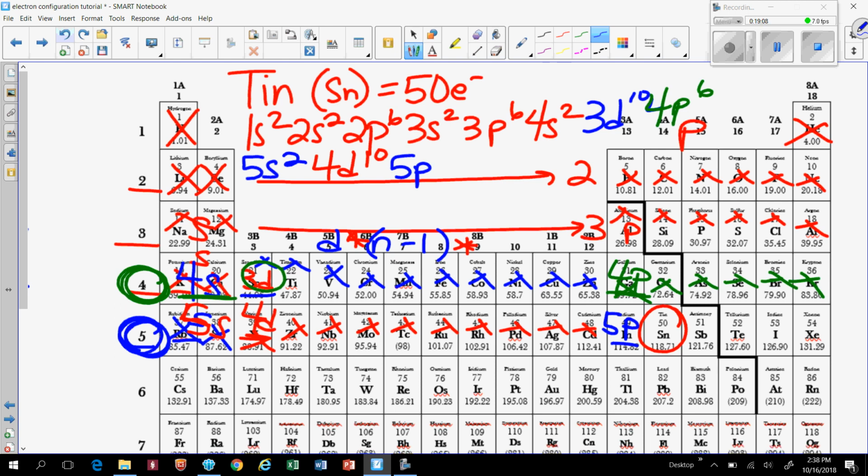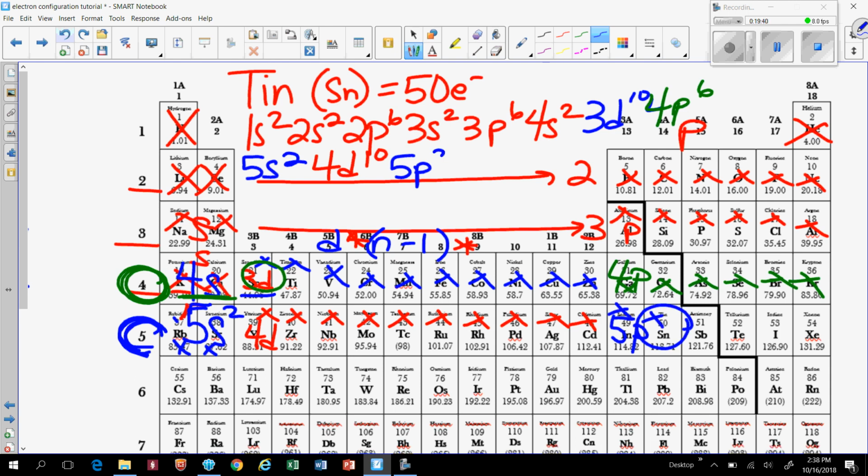Notice we went from 5s, to 4d, 1, 2, 3, 4, 5, 6, 7, 8, 9, 10, back to 5p. And we're on our way to element 10, which is right here, 1, 2, so 5p2.